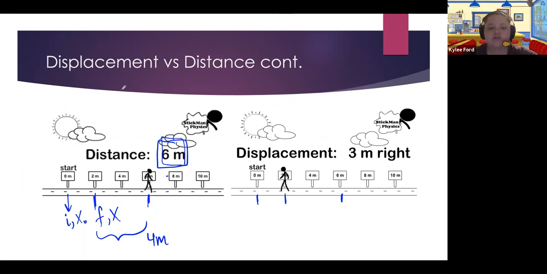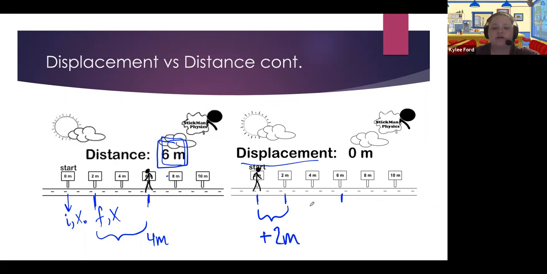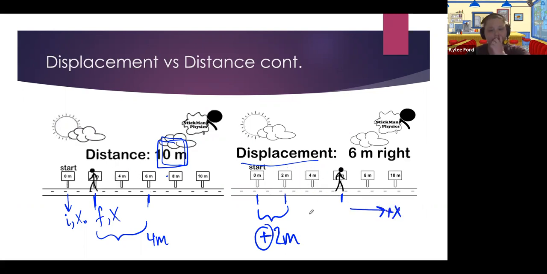Okay, that's usually what we think of. Now our displacement is going to be a little bit different. Yes, he traveled all the way to the 6 meters and went back to the 2 meters, but when we're talking about displacement, we're just wanting to know how far in total he moved. So he moved plus 2 meters. Okay, and again, this is because he went into the positive x direction.